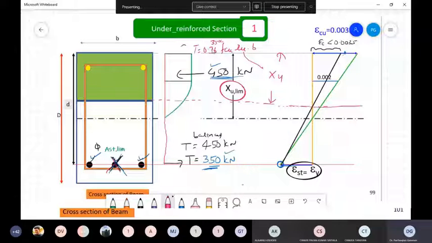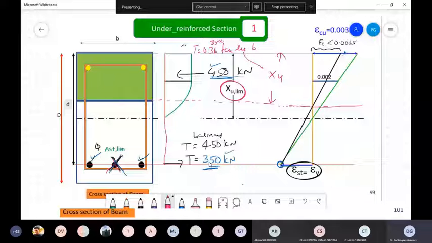So equilibrium is maintained. Although for a balanced section it can take 450 kilonewton, since your XU has reduced to less than XU limit, your compressive force 0.36 fck XU into b will become 350 kilonewton. Since this is also 350 kilonewton, this will be equilibrium.